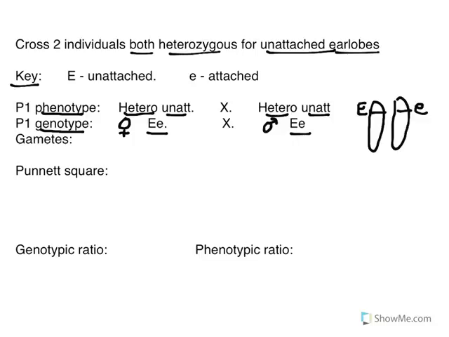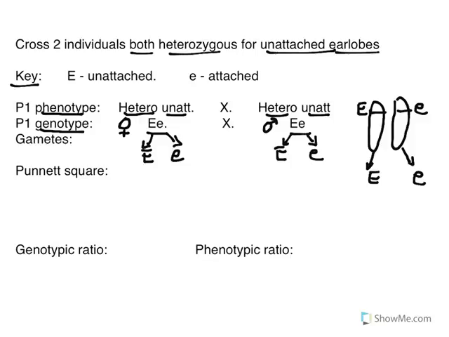And if you remember when we talked about mitosis and meiosis, especially meiosis for the formation of the gametes, the homologous chromosomes separated so that some gametes would have the capital E and some gametes would have the lowercase e. And that's what we're working with here. Both of these individuals are going to be producing the same type of gametes, capital E and lowercase e.